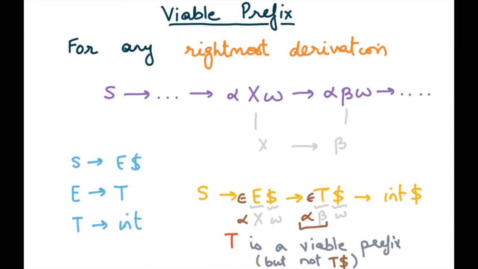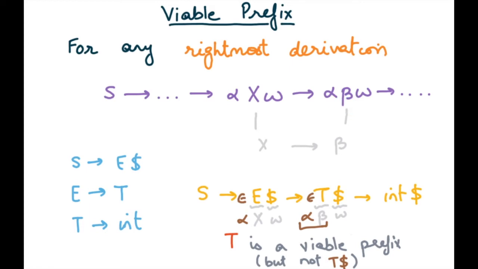But notice that T dollar is not a viable prefix of this grammar, because dollar is a part of omega, and we are not counting that as a part of the viable prefix, because viable prefixes are prefixes of possible handles, and T dollar is not a possible handle in this particular grammar. So this restriction says you shouldn't be moving past the last derivation, wherever the cursor is.